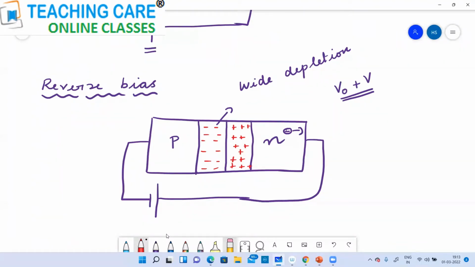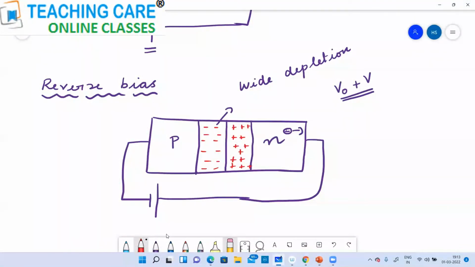Correct. And similarly, the positive terminal of the battery is attracting the electrons from the N side, because those are the majority carriers for each of them. So now, because the majority carriers of each side have gone down, the depletion region has increased.